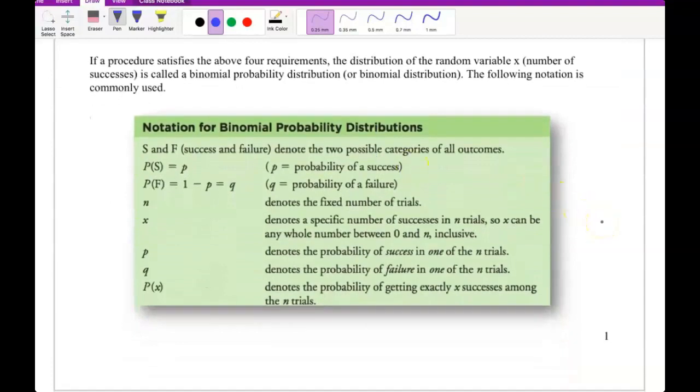Now, for success we will use S, and for failure we have F. Here P is probability of success, so Q is probability of failure. So this part is exactly the same as having Q: 1 minus P, where P is success.